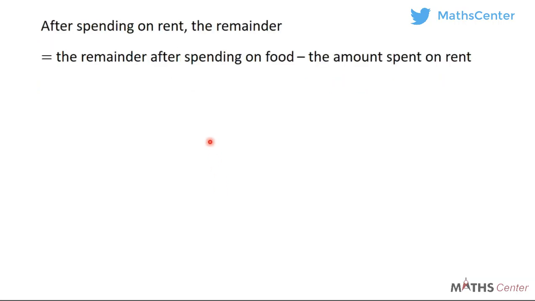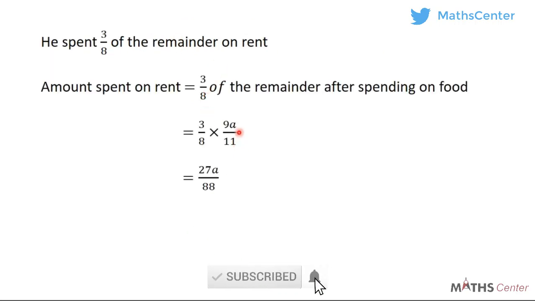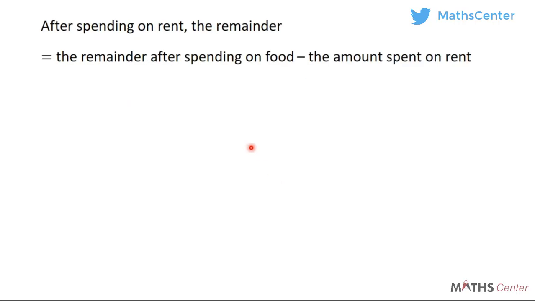So before he began spending on rent, he had 9A/11 on him, then he spent 27A/88 on rent. The amount left is going to be 9A/11 minus 27A/88.